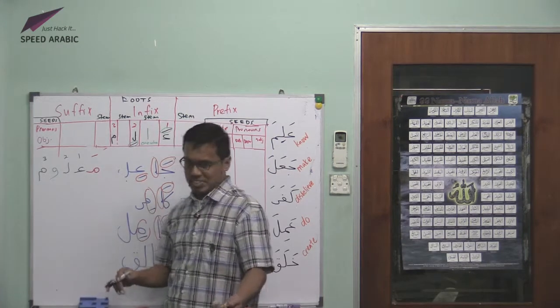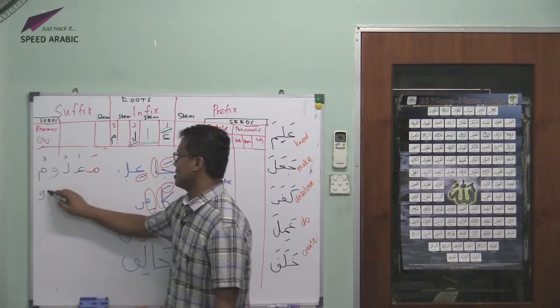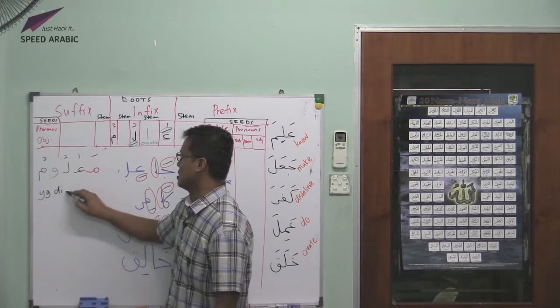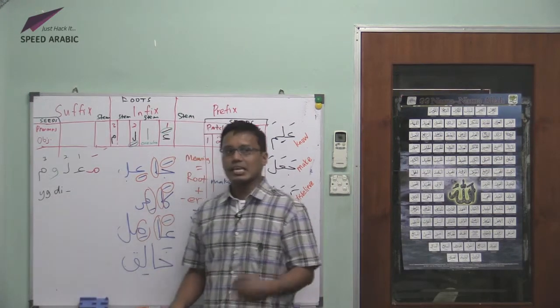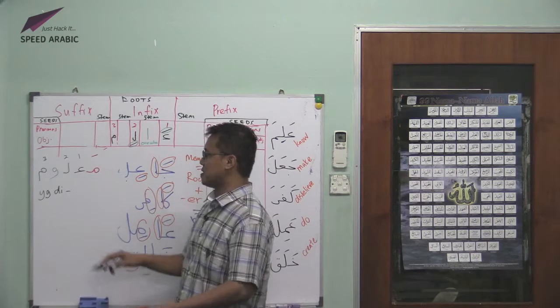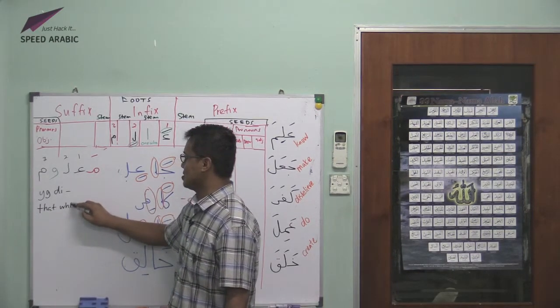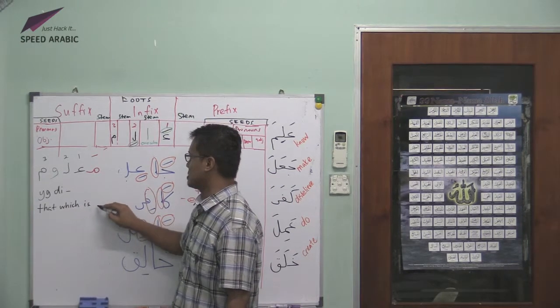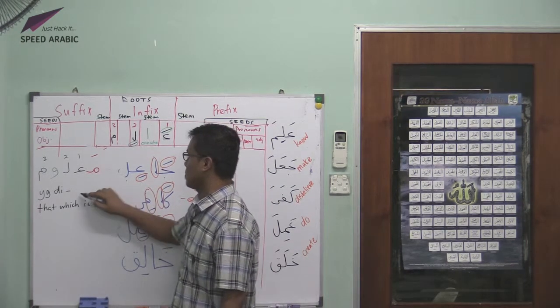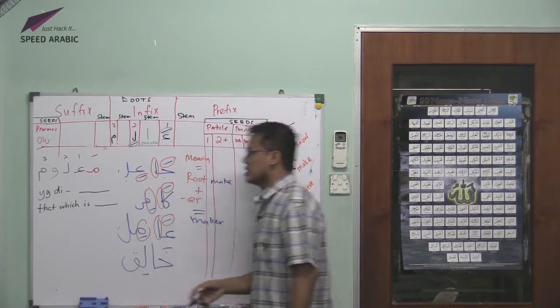Okay? Ma and waw here means, in Malay, which is simpler, yang di. Okay? In English, it's a bit Shakespeareish: that which is. Okay?